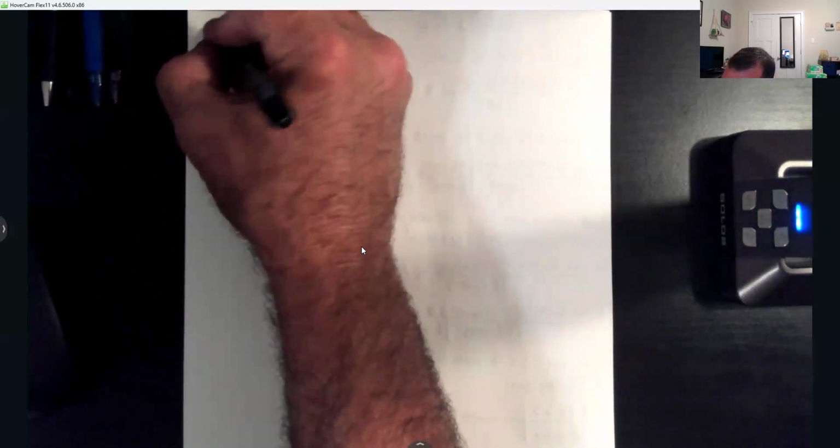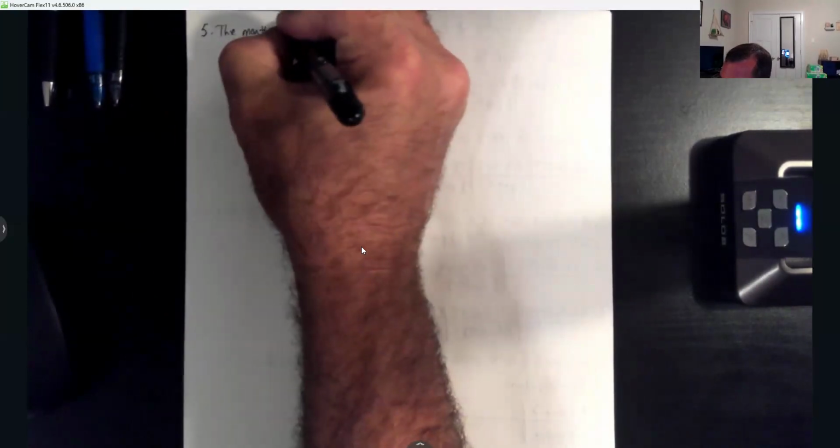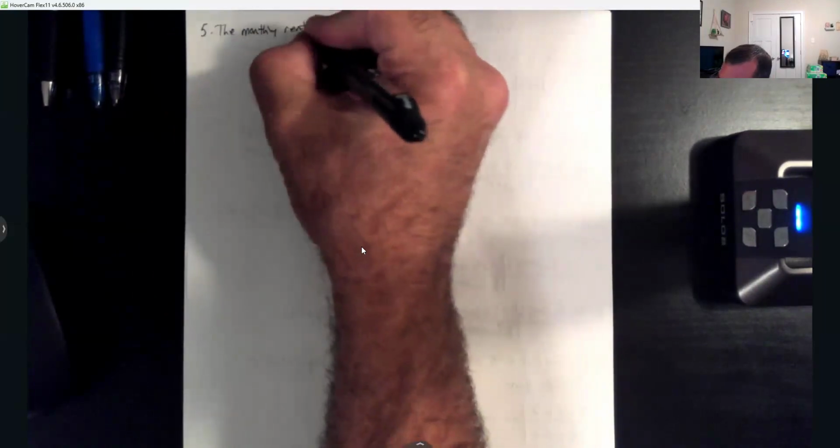All right, y'all, this number 5 is probably one of the trickier questions. This one is about an apartment in Monte Carlo versus an apartment in Santa Fe. All right, y'all, so the monthly rent on a 40 square meters.